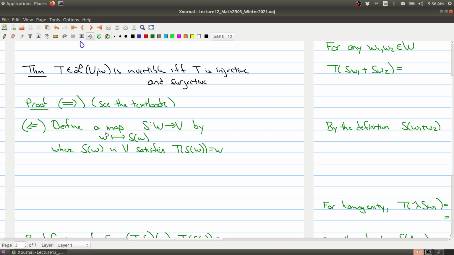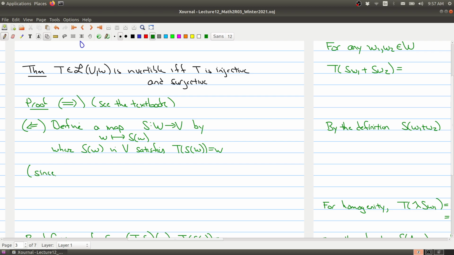We define a map from W to V by taking w to Sw, where Sw in V is the element that gets mapped to w by T. There's a little bit to unpack here, so let me write this out.